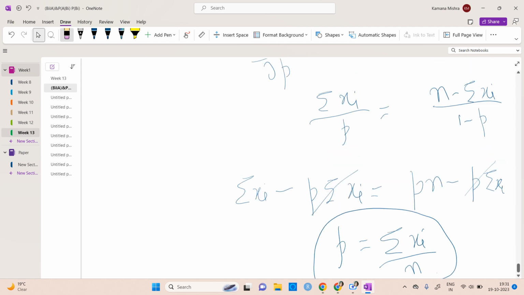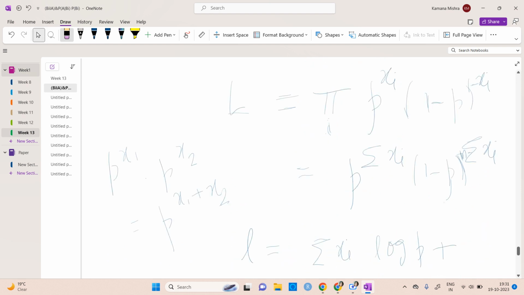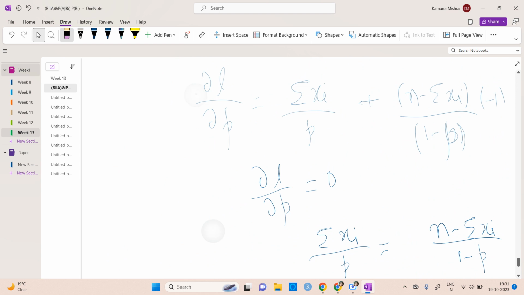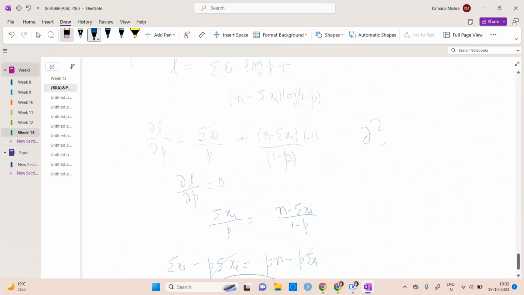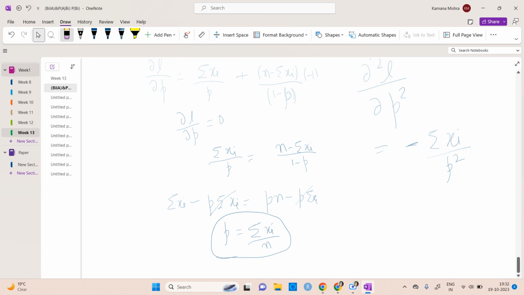Now generally we just say that this is the MLE, but it is a good thing to check this also, because we need to find the maximum overall. So now you can find del 2 l by del p2. It would be minus summation xi by p square, and for the other term, minus n minus summation xi over 1 minus p square, with the sign working out negative.